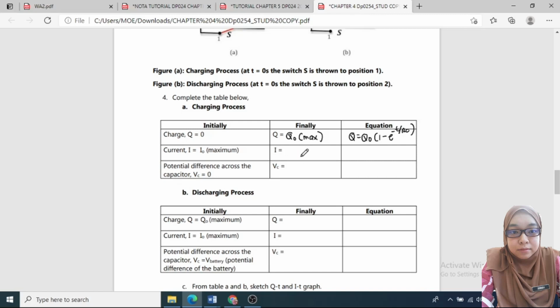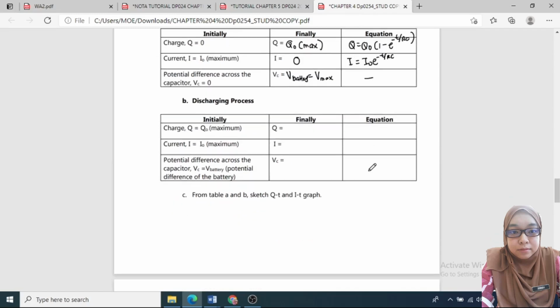For I, it will become 0 because it does not need electrons anymore after it is fully charged. And the formula will be I equal to I0 exponent negative t per RC. And the potential difference across the capacitor for the VC is equal to V battery, so equal to V maximum. So it has no formula.